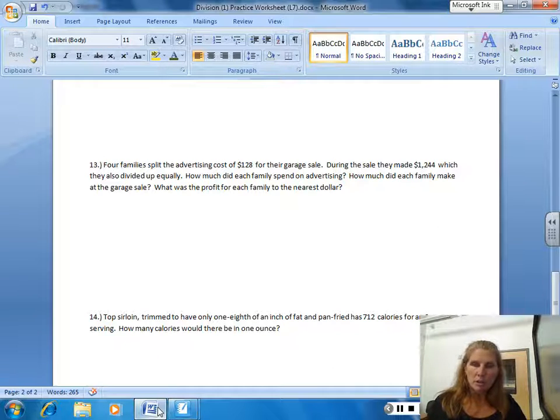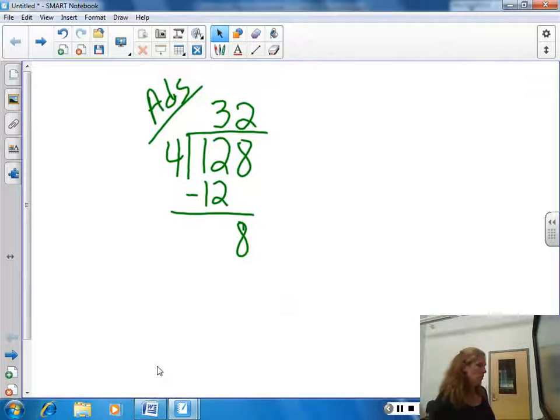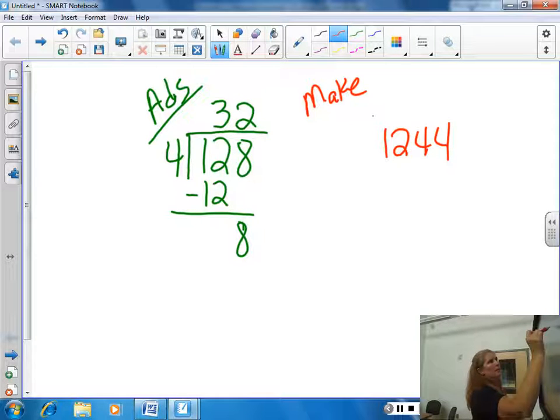They also split up. How much did each family make at the garage sale? Well, they split $1,244 4 ways. So let's take a look at 1,244 split between the 4 families. 4 goes into 12 3.